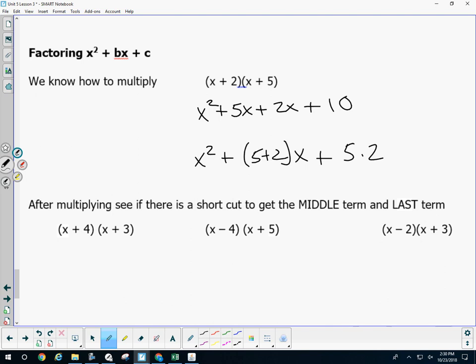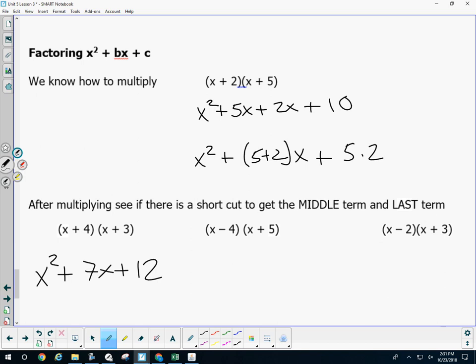And I'm going to multiply the two numbers to get the last term. So, knowing this, I can just look at these and go straight to my fully distributed form, right? I can say this is going to be x squared plus the 4 plus 3x, 7x, plus 4 times 3, that's 12. Right?